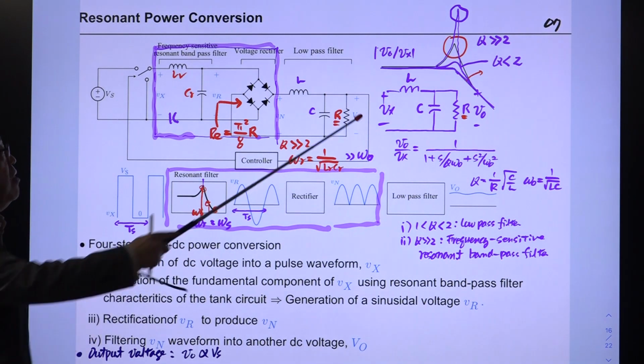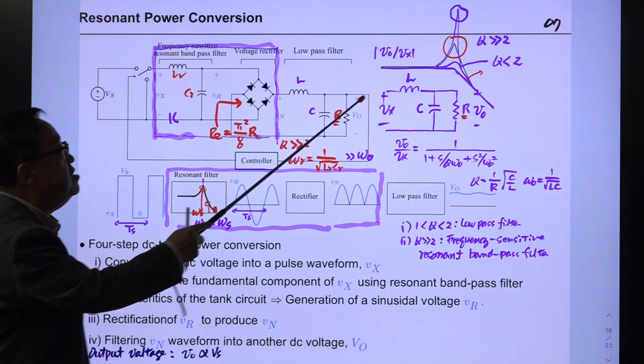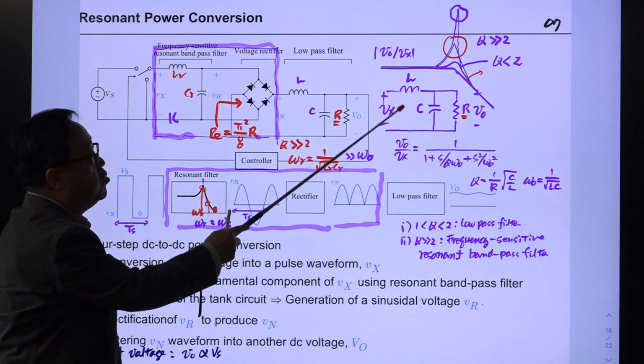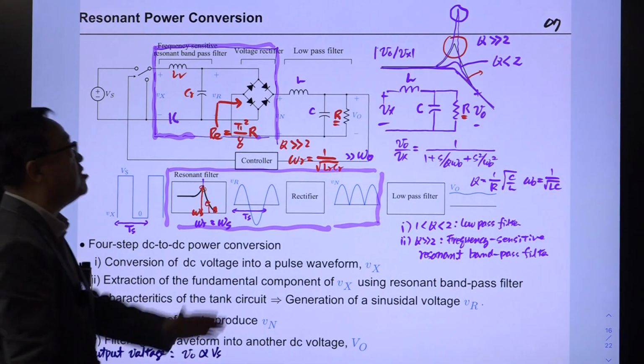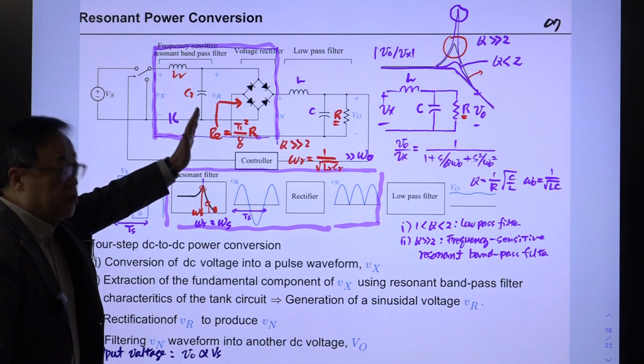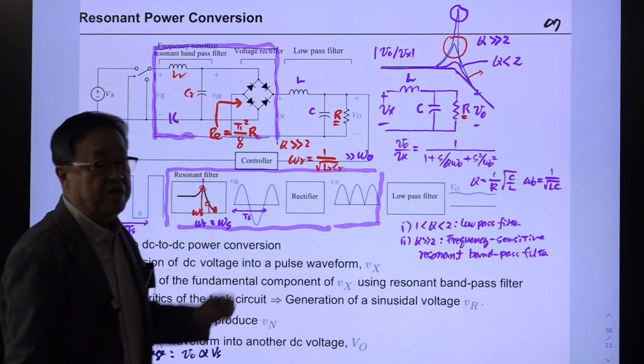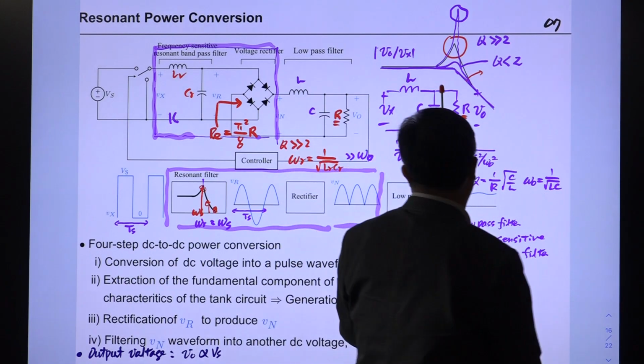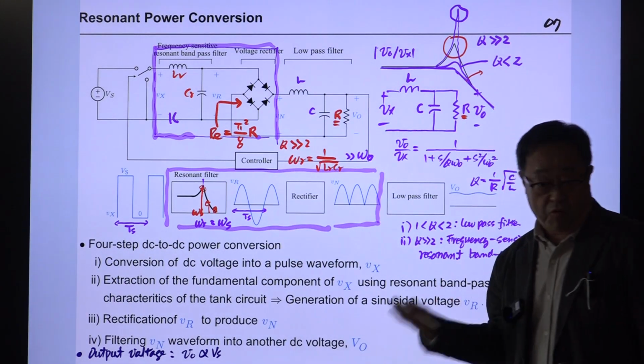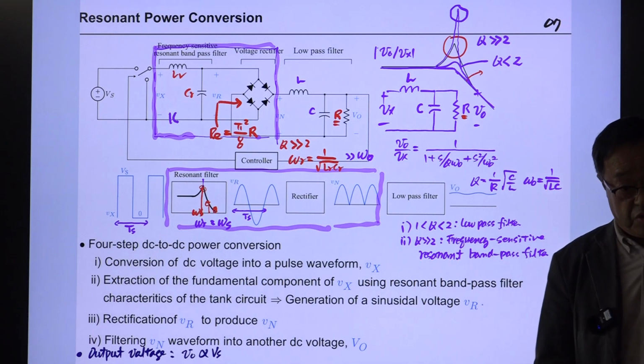These values are much larger than this. That means the resonant frequency of this low pass filter is much below the resonant frequency of this low pass filter. More important distinction is that the Q of this low pass filter is very low, typically less than 2, right?